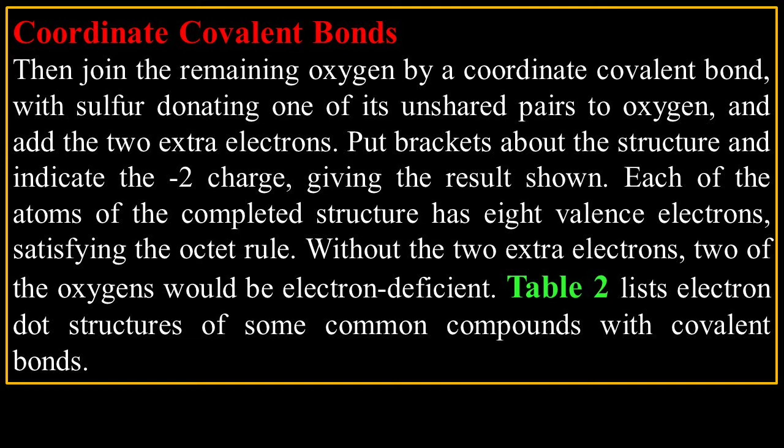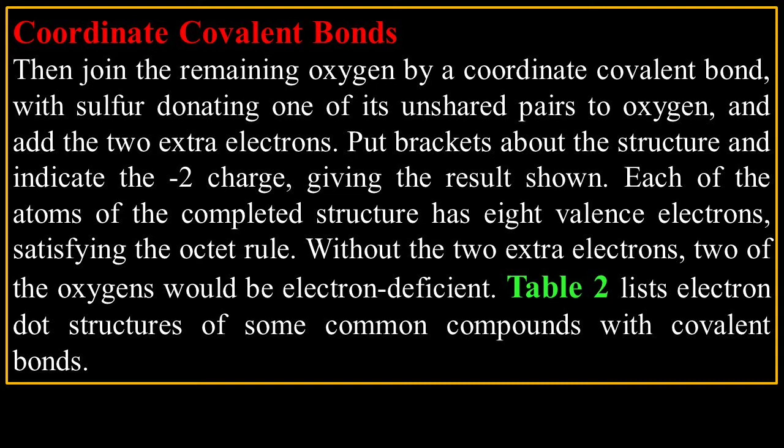Then join the remaining oxygen by a coordinate covalent bond, with sulfur donating one of its unshared pairs to oxygen, and add the two extra electrons. Put brackets around the structure and indicate the -2 charge, giving the result shown.